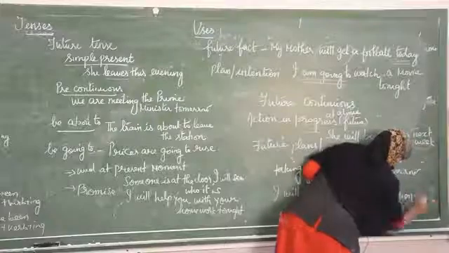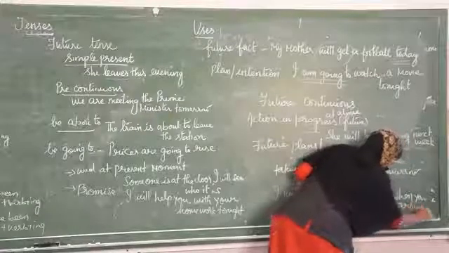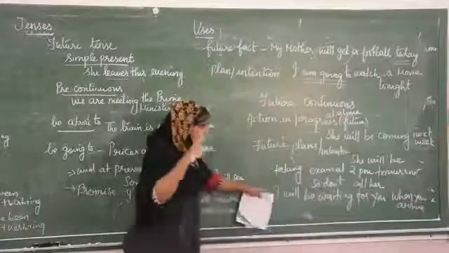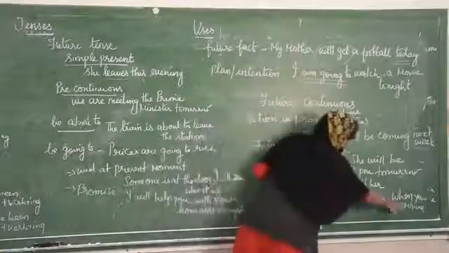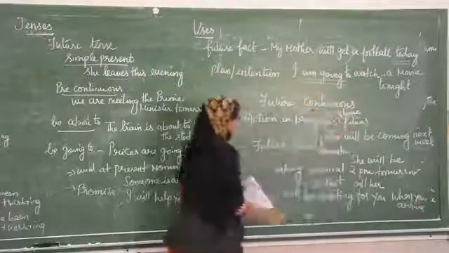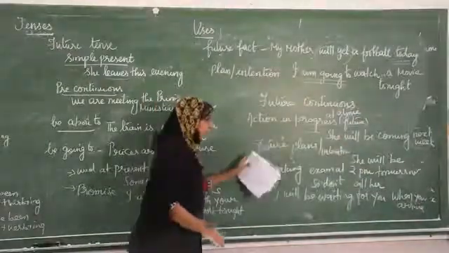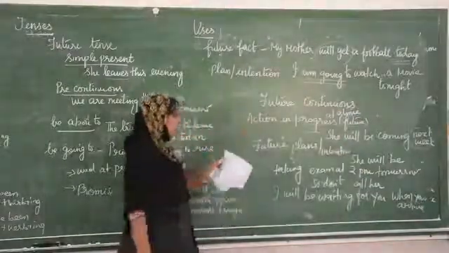That means what you will be doing in the future? You will be waiting for someone when he or she arrives there. So it refers to the action which will be going on in the future.